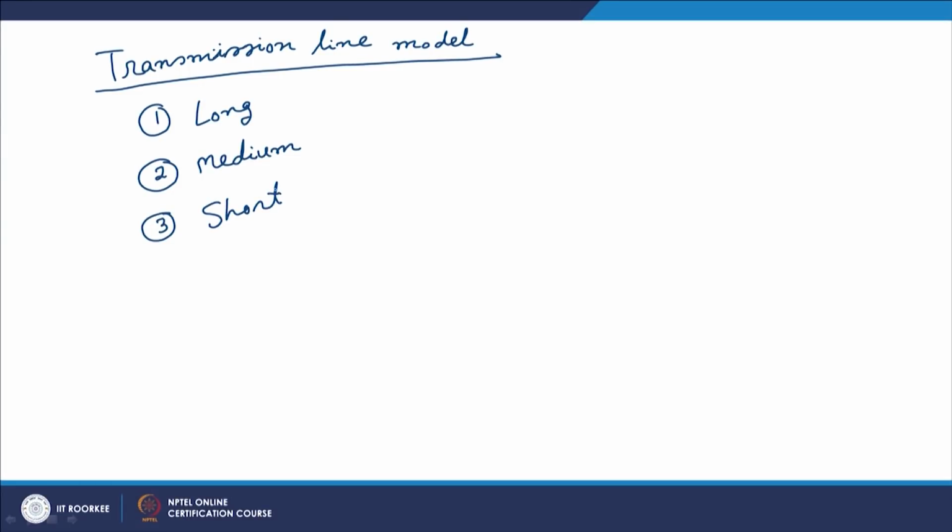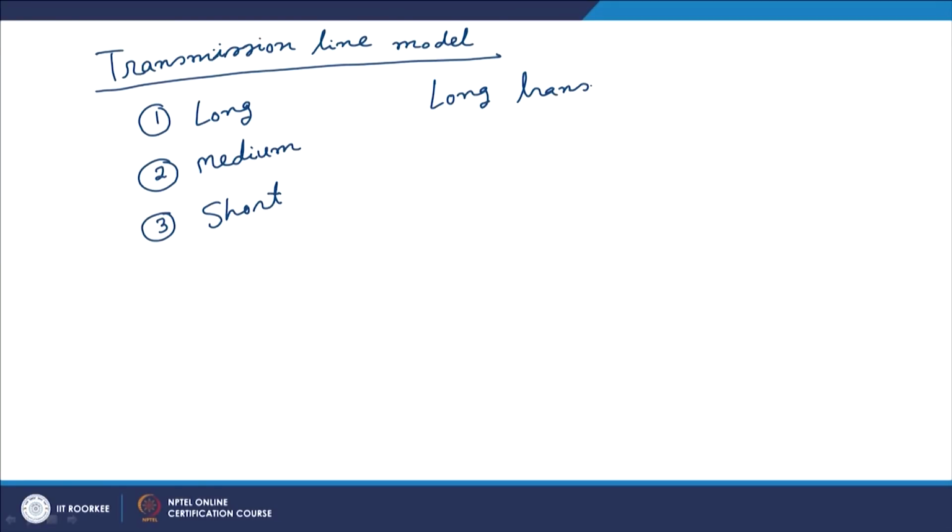Now, in the case of any high voltage transmission system, usually the lines are either of long nature or of medium length. Usually short length transmission lines are not used in the high voltage transmission grid.